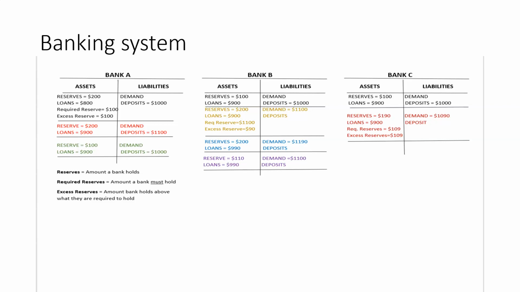Now, note that we started out with how much money? $1,000, $2,000, $3,000. But how much did we end up with? Well, 1,000 plus 1,100, so that's 2,100, plus 1,090.